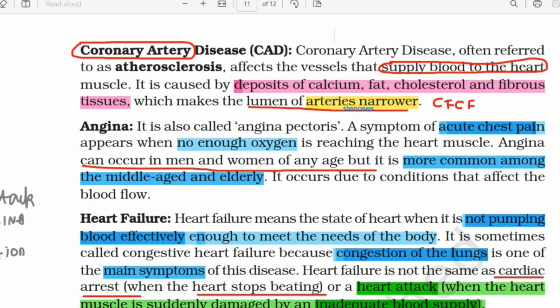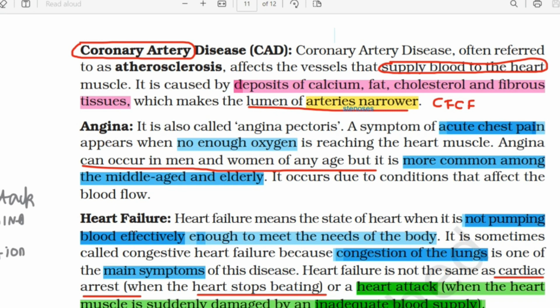Because the vessels are narrowed and there is no blood flow, and eventually no oxygen reaching the heart tissue. This is more common in middle-aged and elderly people, and it can occur equally in men and women.